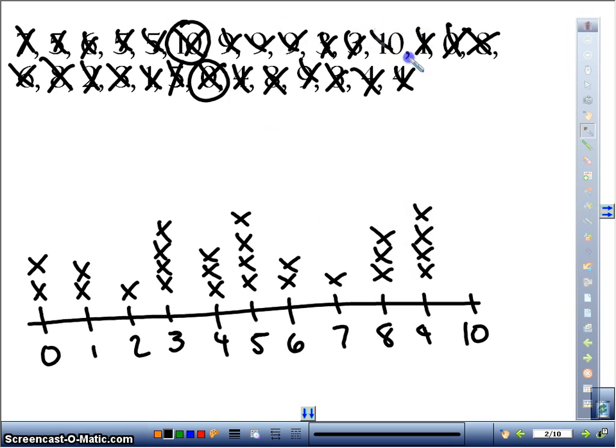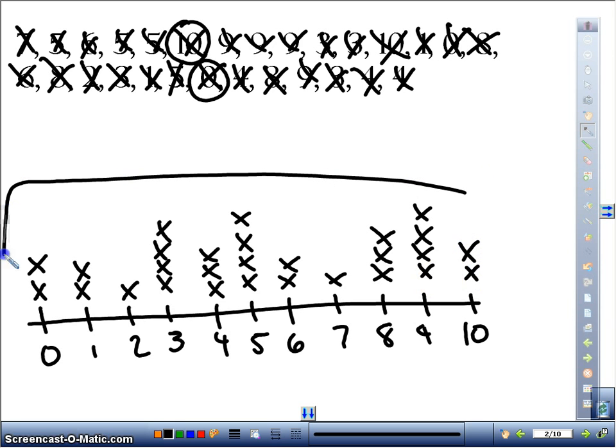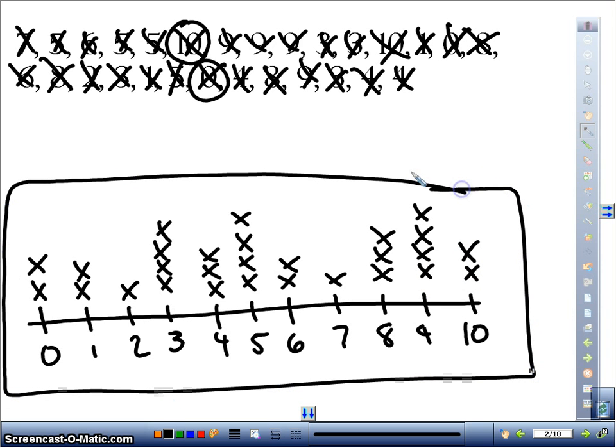And a couple of 10s. Alright. And so now I've marked all my data off, so I know that I've got everything represented on my line plot here. And then I could give that to someone, and they could know exactly how many 7s, 4s, or whatever I had. So this is kind of a convenient little graph.